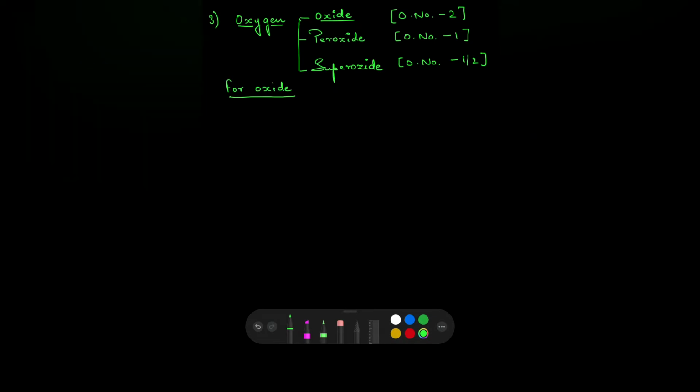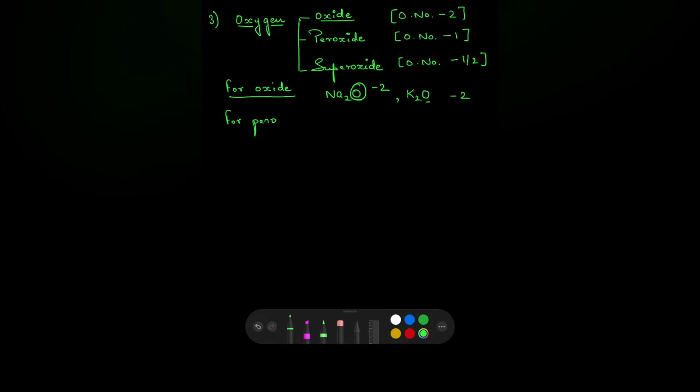For the oxide, let us suppose we have sodium oxide. Now in this case the oxidation number of oxygen will be -2, or if we have potassium oxide also, then in this case the oxidation number will be -2 for the oxygen atom. Now for peroxide, let us take an example of hydrogen peroxide or sodium peroxide.